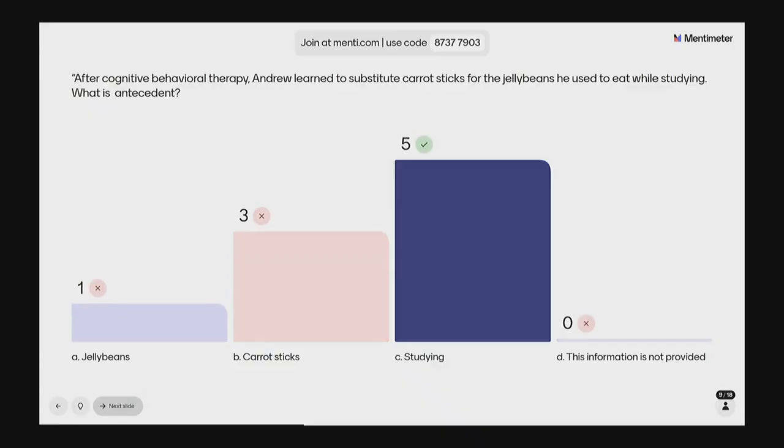We talked about how the antecedent is that activity that is taking place, and very often you have to identify that in CBT to know what is typically happening. And this helps us to tailor the intervention that's being provided by the nutrition professional, the health professional, to the needs of that person. And so the antecedent here is studying.